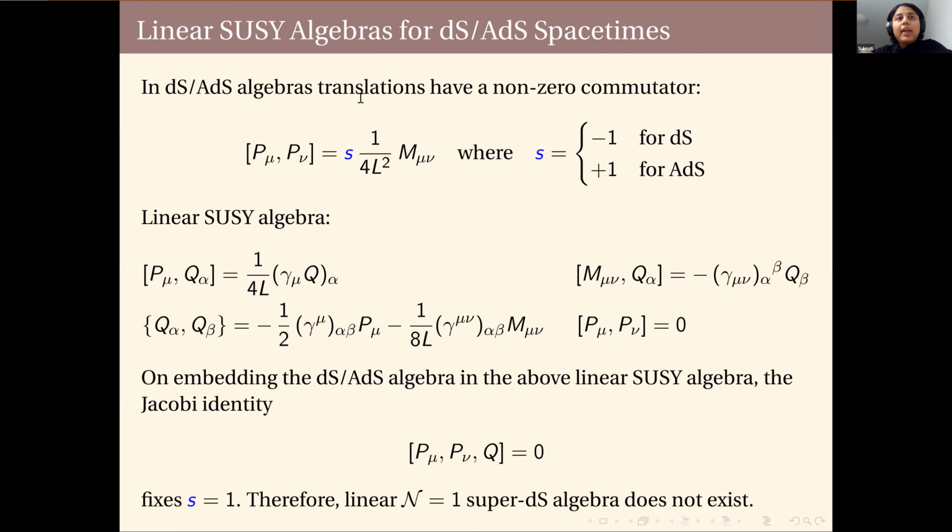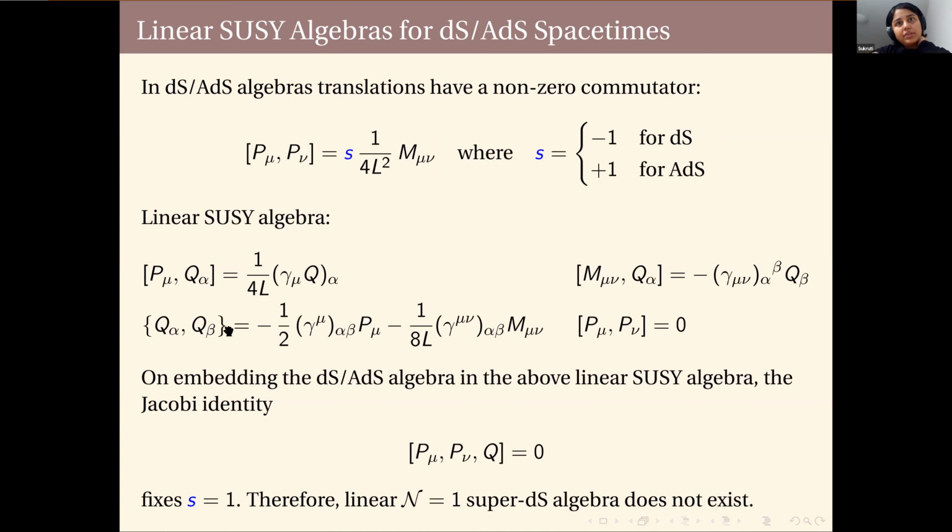If we look at a generic de Sitter or anti-de Sitter algebra, particularly the commutator between the translation generators, we see that the translations don't commute, but instead give this Lorentz generator here. And there's this constant S sitting here, which takes different values depending on whether the solution is de Sitter or anti-de Sitter.